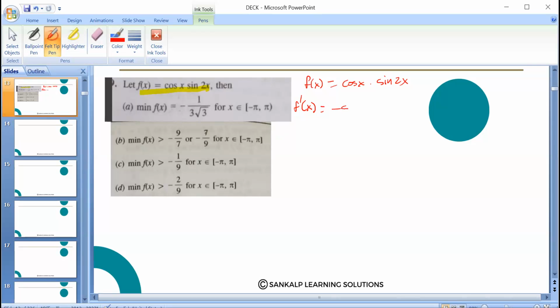Derivative of cos x is minus sin x, sin 2x, plus cos x, using chain rule, derivative of sin 2x is cos 2x into derivative of 2x, which is 2.